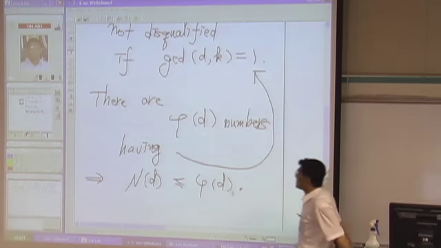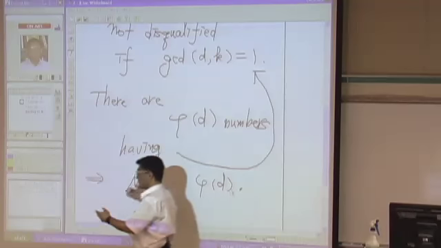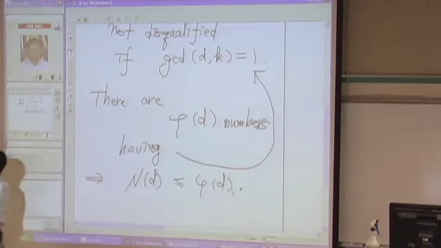So this is the end of the story, and I already mentioned that this is enough to prove the equality, because the sum is the same. Each term is less than or equal, but the sum is the same. The only way to catch up is always equal. Anywhere it's strictly smaller, then there is no chance to catch up.